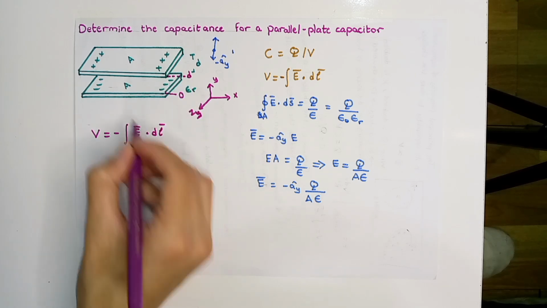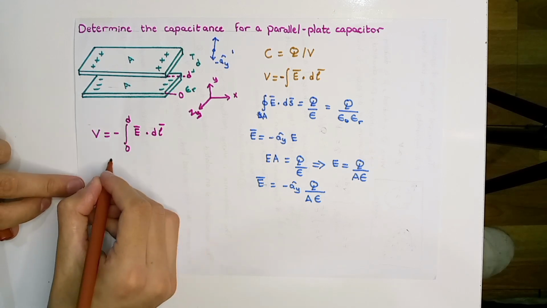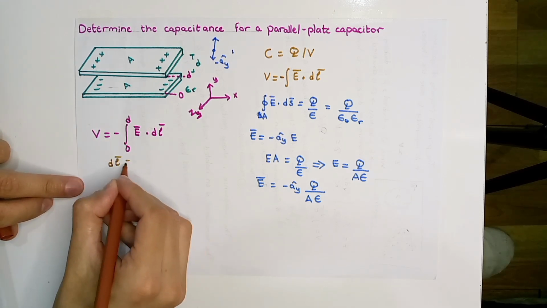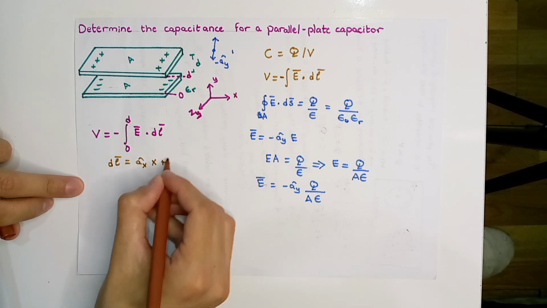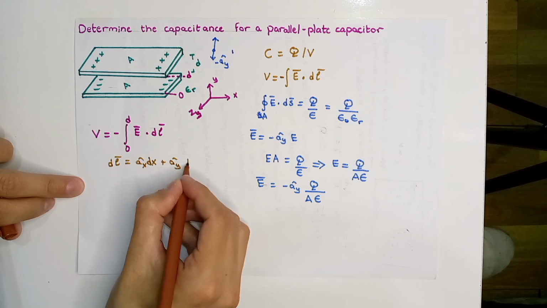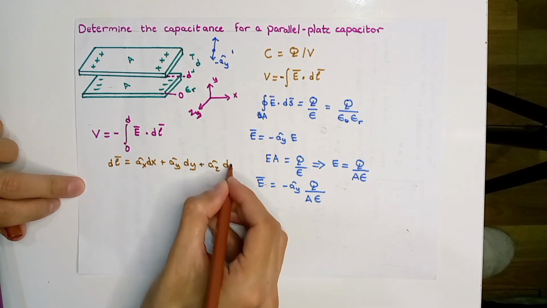So it's between 0 and d. Regarding this arbitrary path, dL is equal to the unit vector a sub x times dx plus the unit vector a sub y times dy plus the unit vector a sub z times dz.